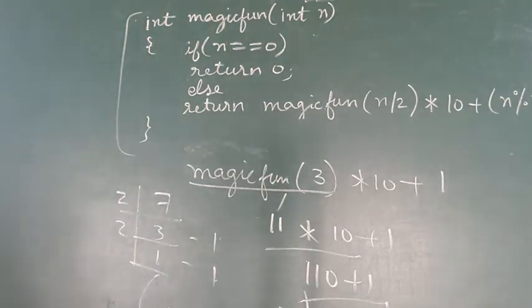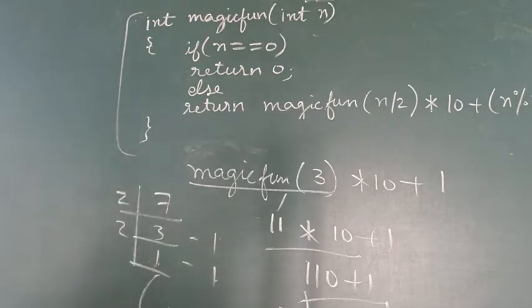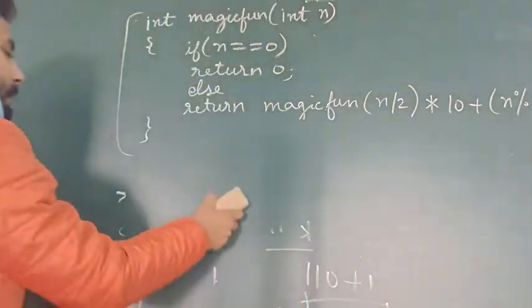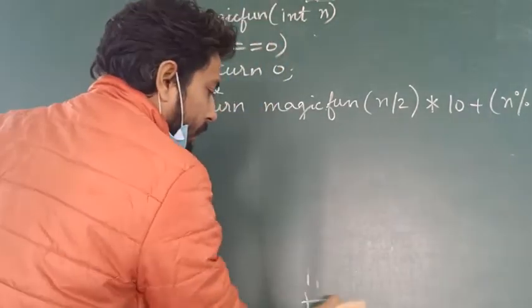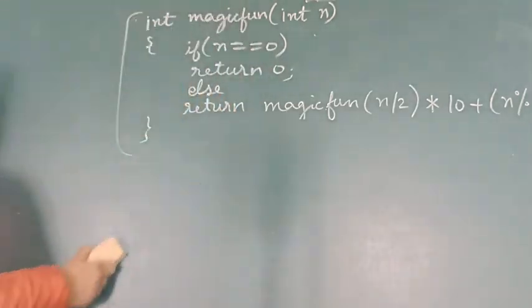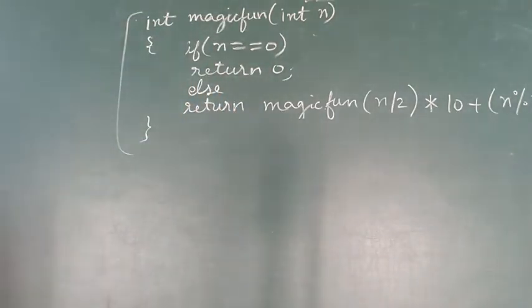So it is our binary question. That means this is a recursive function that converts your decimal value into the binary system. Okay. And here we also have n equal to 10. So 10 can be solved by you only. If there is any problem, you can ask. Is there any question?